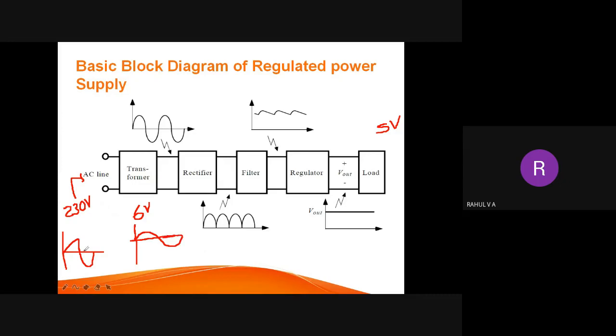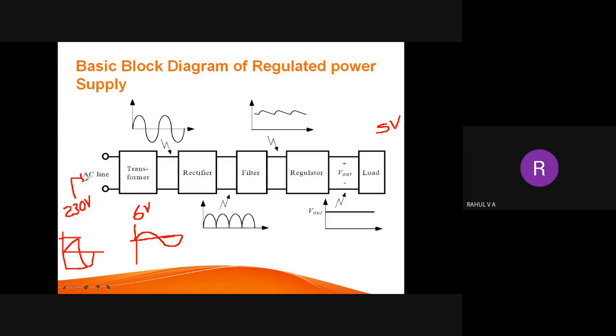See the magnitude. For this 230 input I have represented a higher magnitude. For 6 volt, I have reduced the magnitude. That means the transformer will step down the voltage to a lower voltage. Most regulated power supplies will have a transformer.